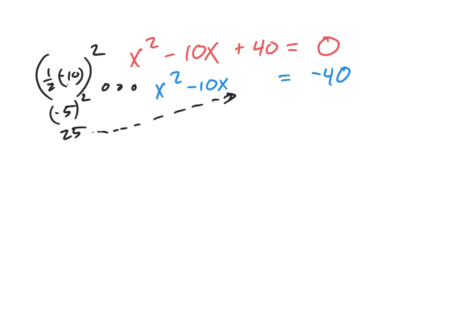That goes right here. So I'm going to add 25 to that side. But just like scales, like we always do, if you do one thing to one side, you have to do the same thing to the other side. So then I'll have x squared minus 10x plus 25 equals negative 15.